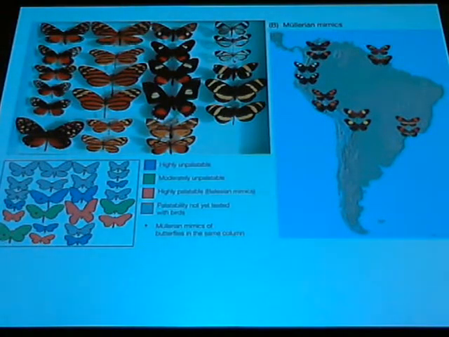Butterflies do it. So here are a bunch of butterflies from South America. Each butterfly in the column resembles each other. These guys resemble each other, these two resemble each other, these guys resemble each other, these guys. And they did palatability tests, and they tested the palatability of butterflies to birds.